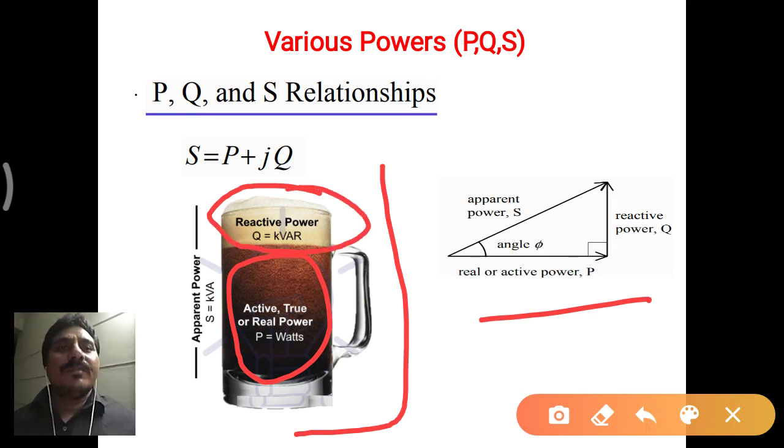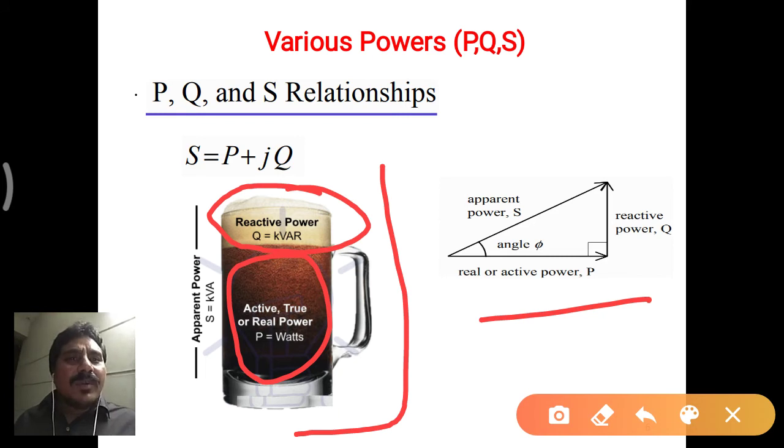It is a foam. It is not an active element. It is a gas. But we have to understand that without this foam, there is no value for the active part, the liquid.